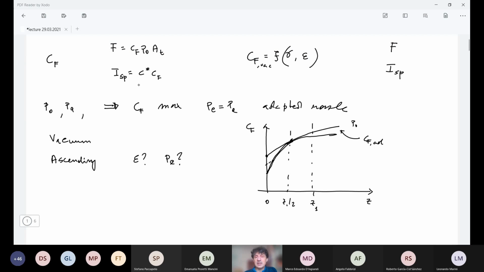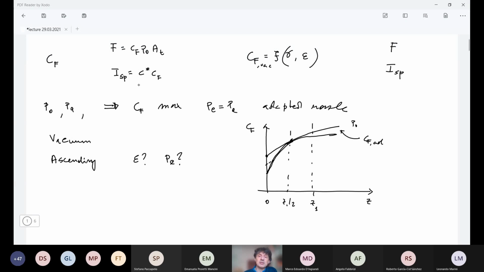We leave this line, and we no longer consider a decrease. We no longer have a decrease of the thrust coefficient because of the further increase, I'm moving from right to left, of the ambient pressure. So this is a possible case, but there are also others.